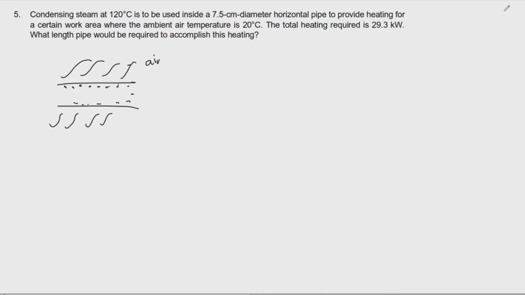So since in this case the material is exposed to air, we cannot still consider this as something like a condensation or heat transfer with a change of phase, simply because the steam is not the one that is encapsulating this material. It's not what is at the surrounding, but the air is.